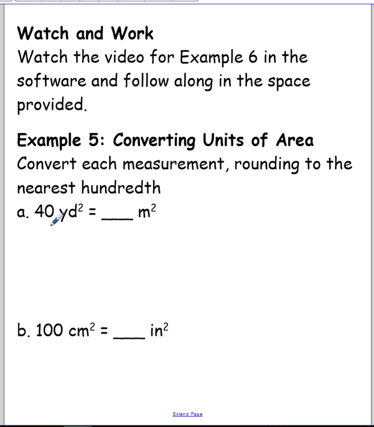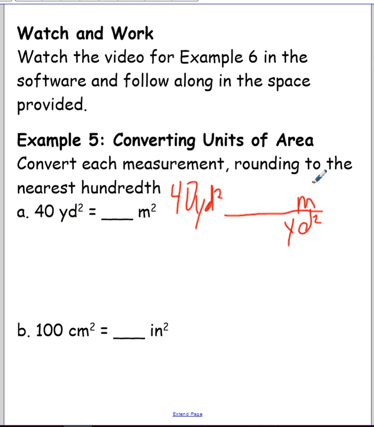So for our first one, we have 40 yards squared, and we need to turn it into meters squared. And so that bottom left corner of our paper is where we're going to look. And so if we do our 40 yards, we know we need to get rid of yards squared and keep meters squared.